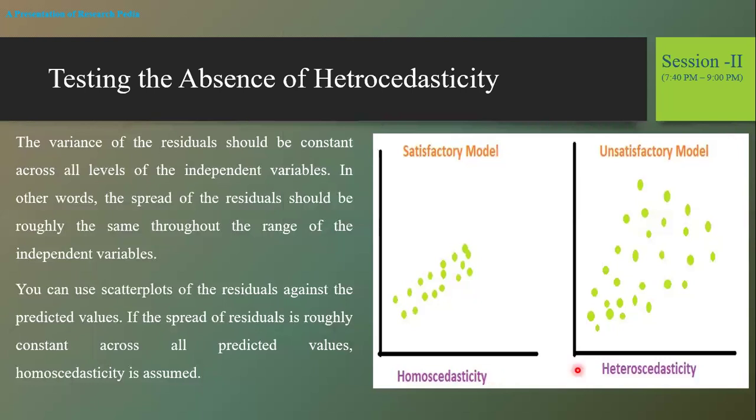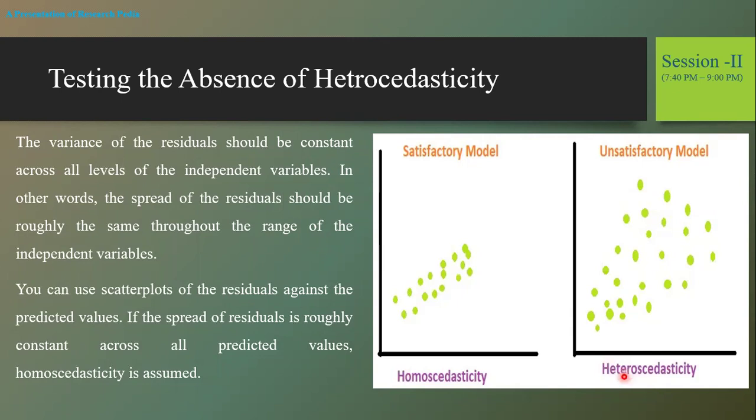But if the homoscedasticity condition is violated, we consider it heteroscedasticity, which makes our estimations poor, not reliable, or biased.